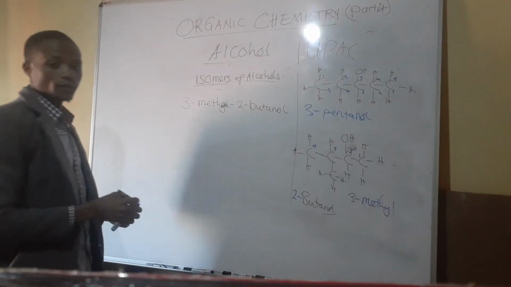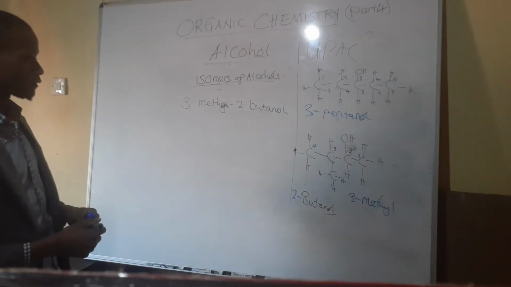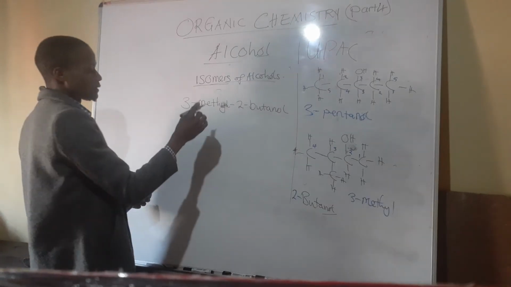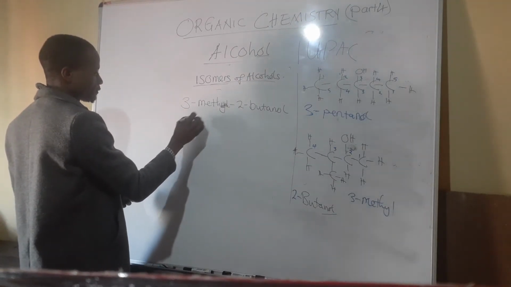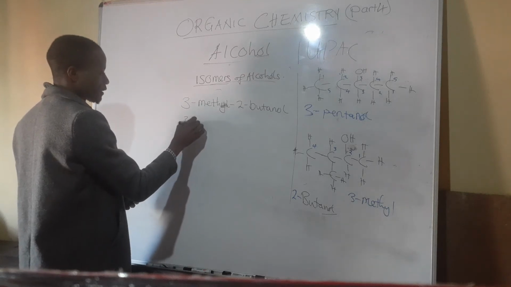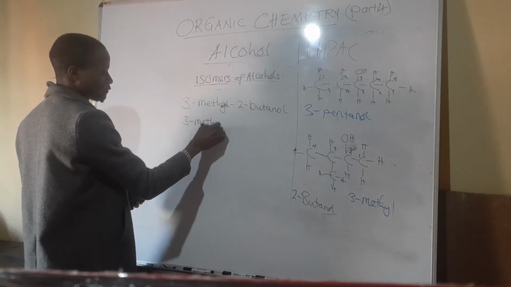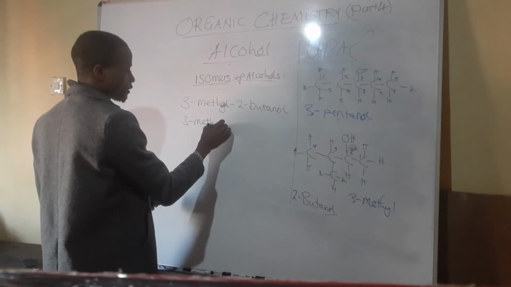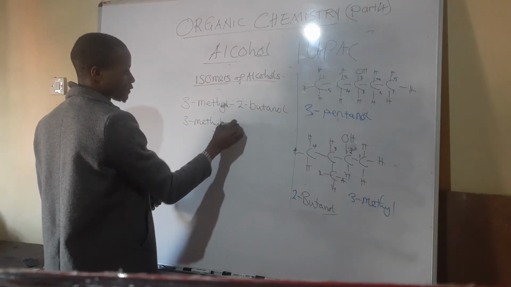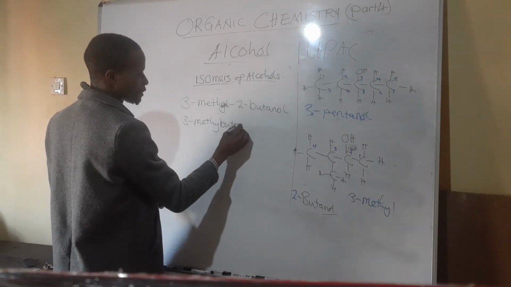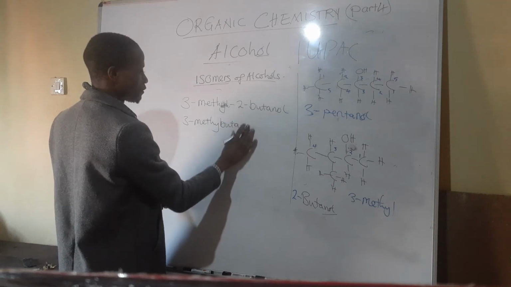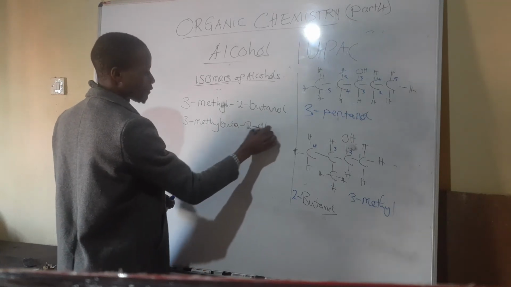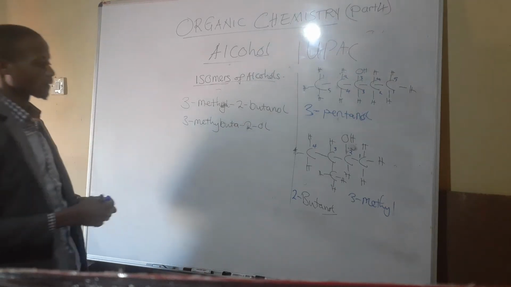Like we did with alkenes, it can also be called 3-methyl, then you write but, then a hyphen, then the 2, then the whole OL, like that.